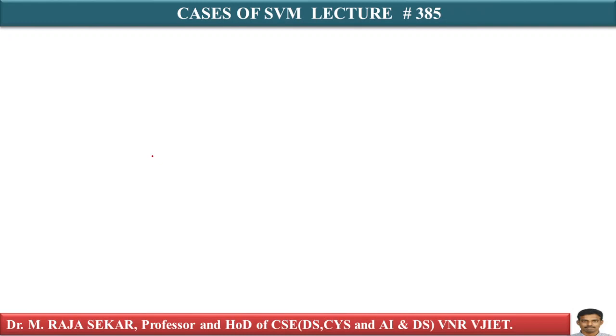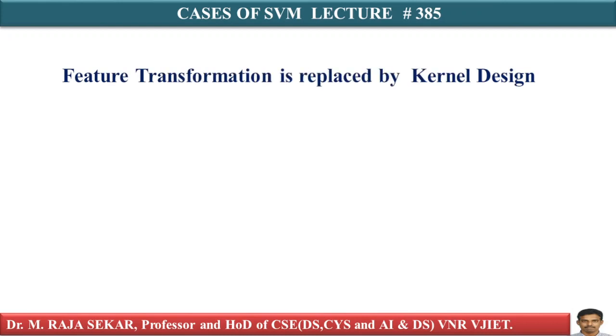First thing is about feature engineering and feature transformation. In the case of SVMs, feature transformation is replaced by kernel design. So, you need to be able to design a good kernel or use a kernel that works very well.